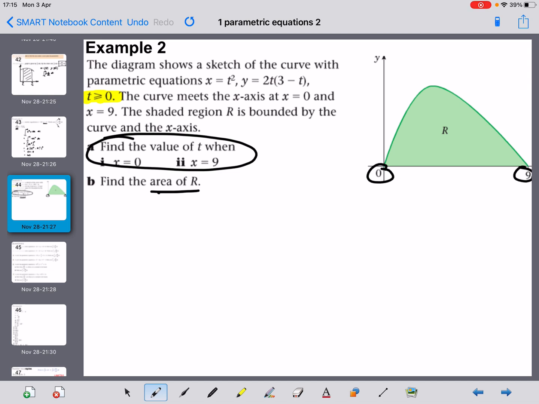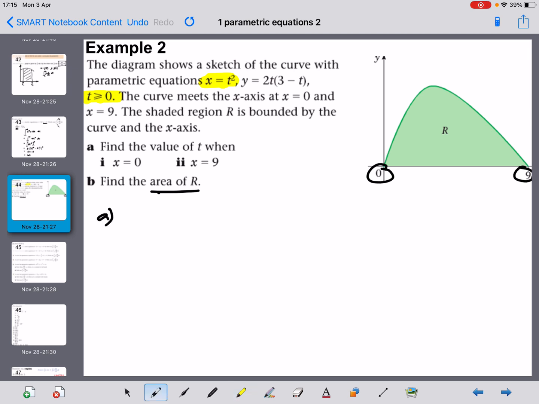Those are x values, so we need to know what the value of the parameter is at those two points. Had we not been led into doing that, we would have had to do it anyway. So to work out the value of t at x equals 0, I'm going to use my x parametric.